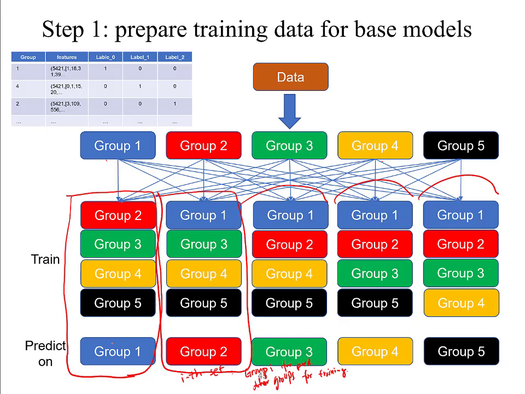It sounds pretty complicated, but no worries. We will show you how this whole thing goes through. Also remember the data used in this step: we need features, we need labels 1, 2, 3, and we need group only to form different groups. That is the first step.